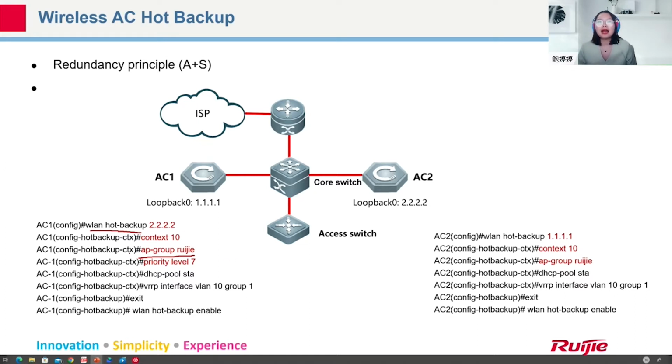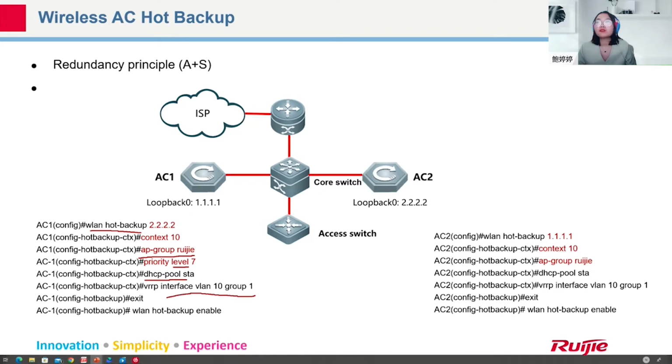For this hot backup, the AC1 priority is level 7. About the priority, a higher value is better. Then there is the DHCP pool for the stations, and the VRRP interface VLAN 10 in group 1.